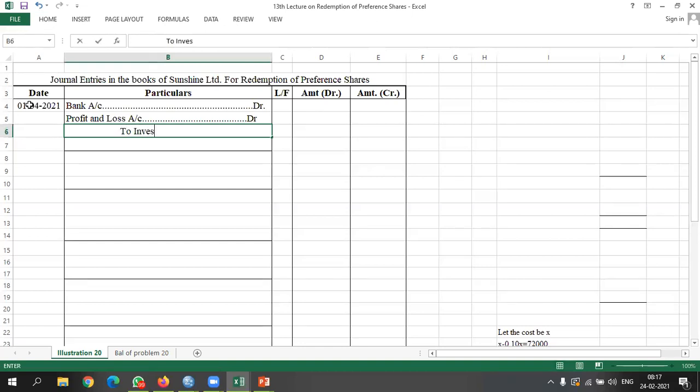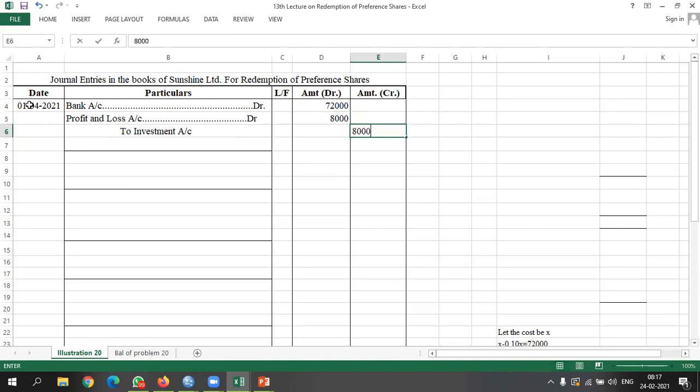I am getting 72,000 from the investment as cash, 8,000 is the loss, and the total cost of investment was 80,000. Here I will write: being investment sold at loss.